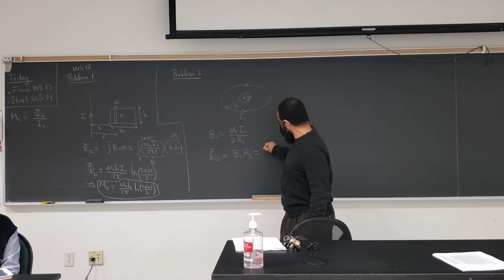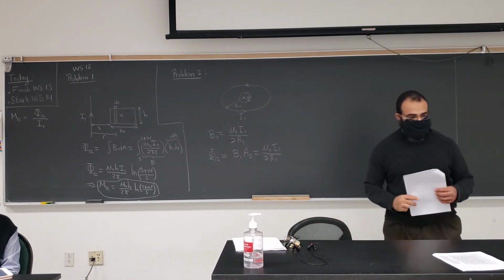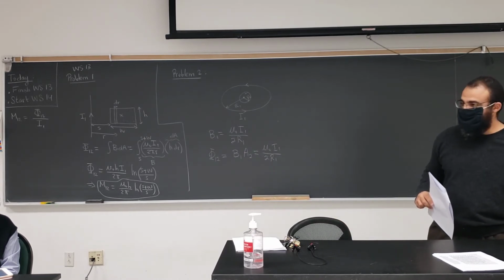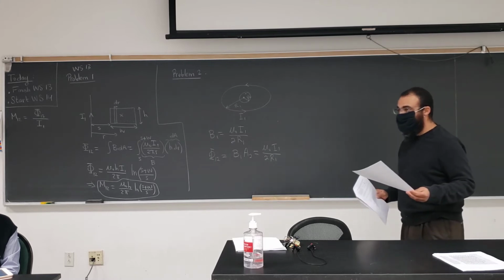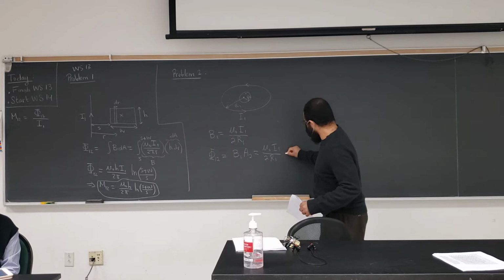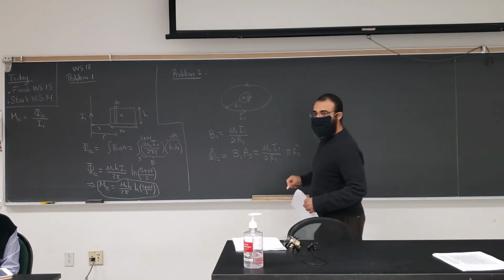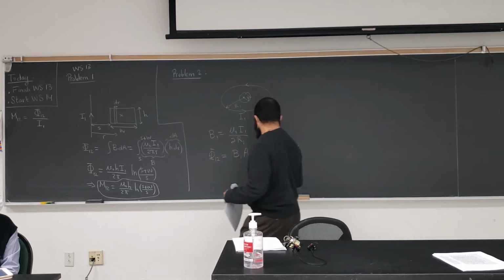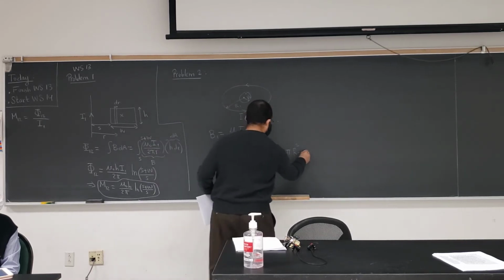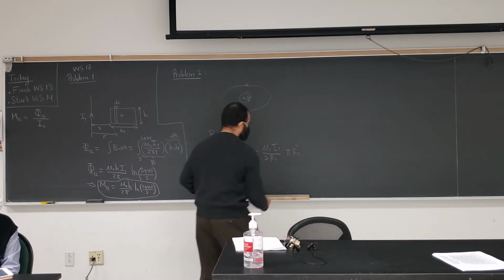The magnetic field is mu naught I1 over 2R1. What's the area of ring 2? Pi R2 squared. So that is the flux.